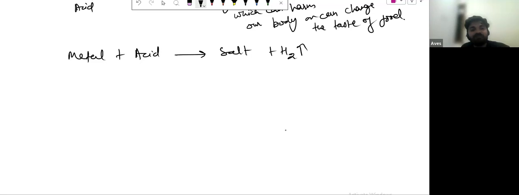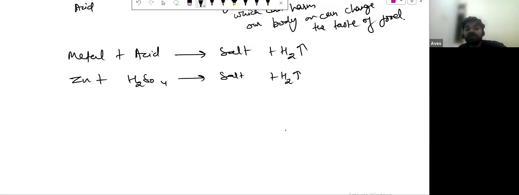For example, zinc when reacting with H2SO4 will give you salt plus hydrogen gas. What was the condition for the metal? Tell me fast. That metal should be more reactive than hydrogen. But there is also a condition for acids.